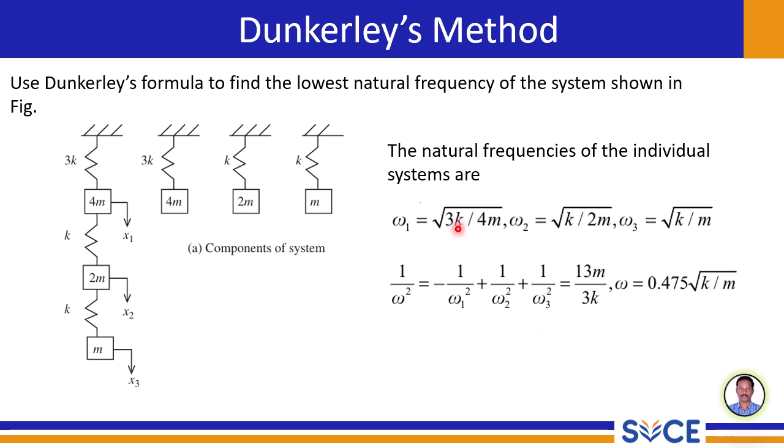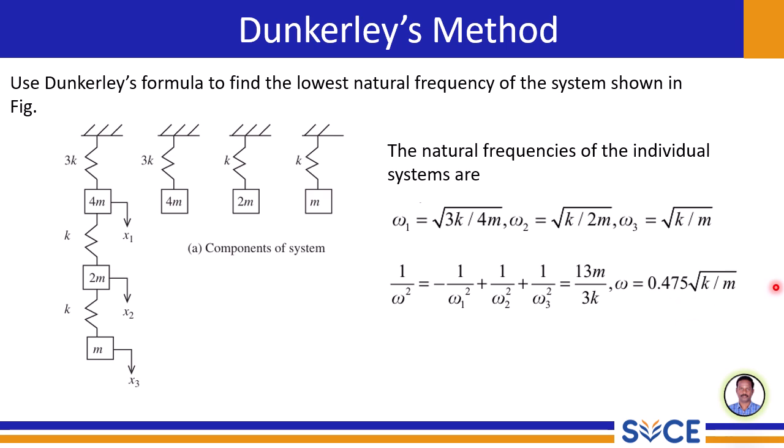By substituting all these values omega 1, omega 2, omega 3 in this equation, it has been found that 1 by omega square equals 13m by 3k. Sorry, it is 13m by 3k. So this value, if we resolve further, we will get omega equal to 0.475 root of k by m.